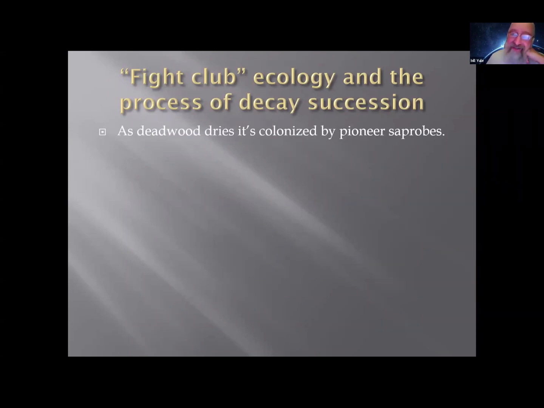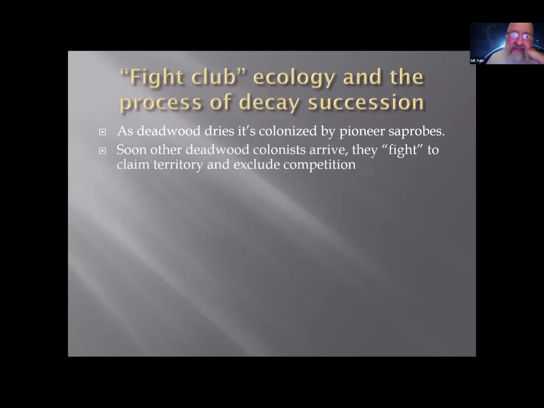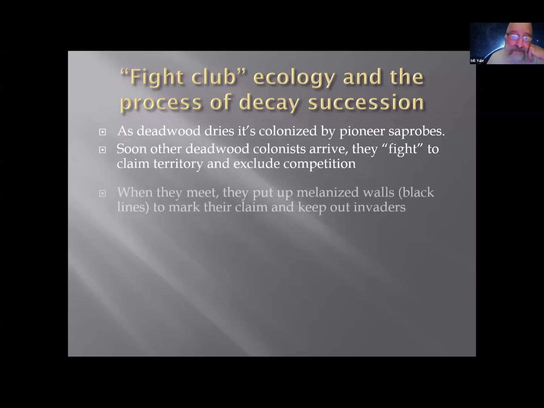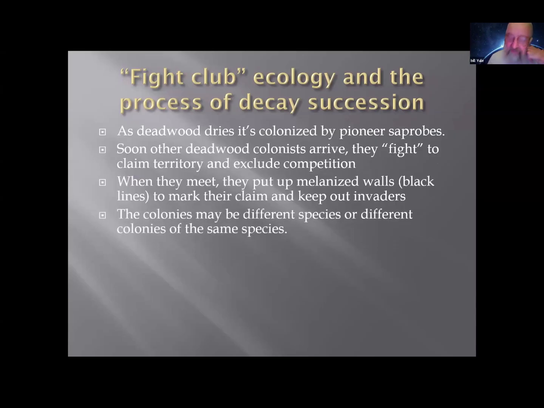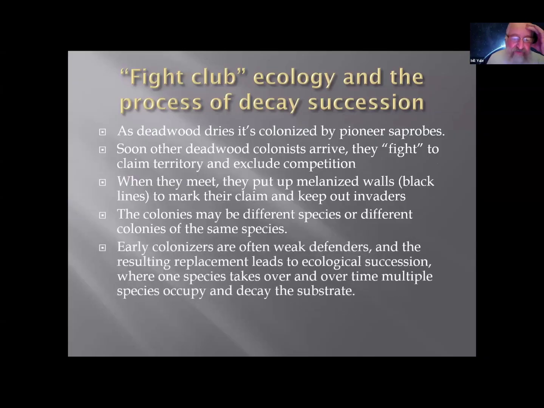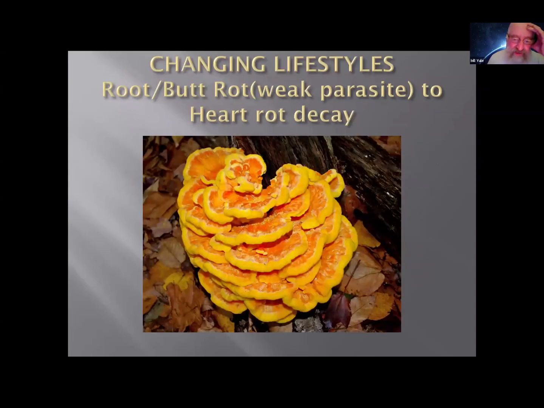And so what happens is the pioneers get a foothold, and then other stuff arrives and they fight for territory, and then they put up their walls and they mark their claim, and then the colonies can be different species or the same species, but different colonies. And what happens is the early colonists are not good defenders and they quickly get replaced by the next wave.